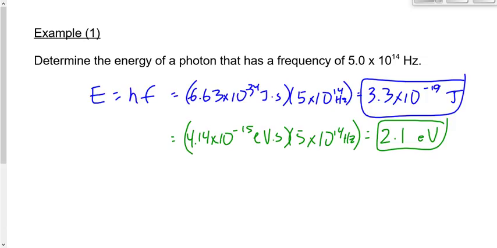Do it in joules, get an answer in joules, and then convert it to electron volts. That's an extra step, right? But it always works. So if you're uncomfortable with using electron volts in these questions, because there is the odd time when you're not allowed to, this is not one of those times, then just use joules and then convert it at the end if you need to.